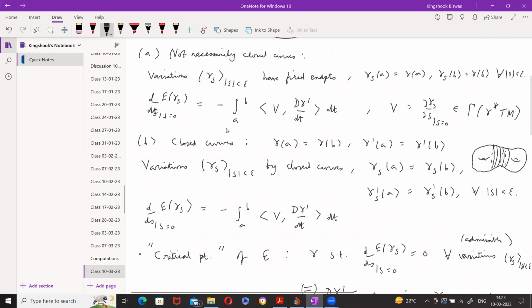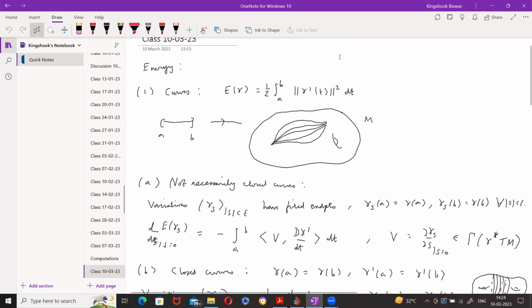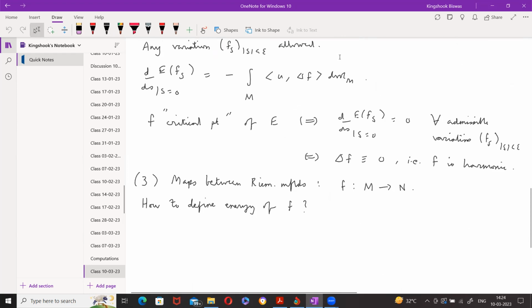Even in the case of curves, the energy was the integral over the domain of half the norm of the derivative squared. So for a map between manifolds, we want to define some norm of the derivative.